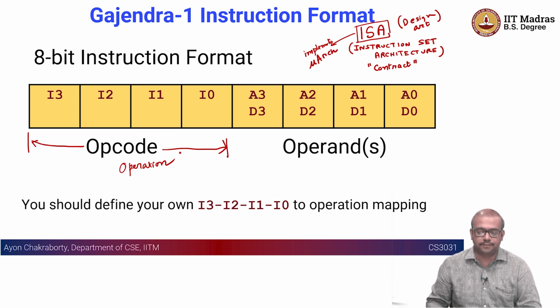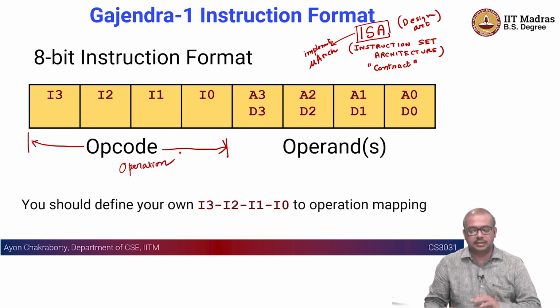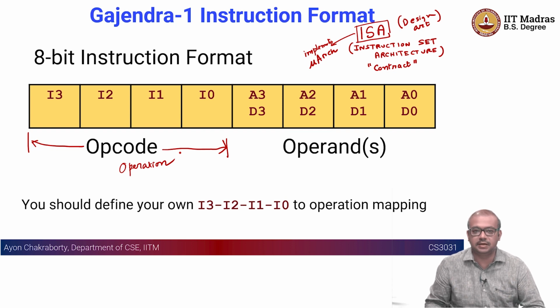If it is an add or subtract, that operation is specified using these 4 bits. So in our Gajendra-1 instruction format, we can support up to 16 different operations, because with 4 bits I can specify this in 16 different ways.